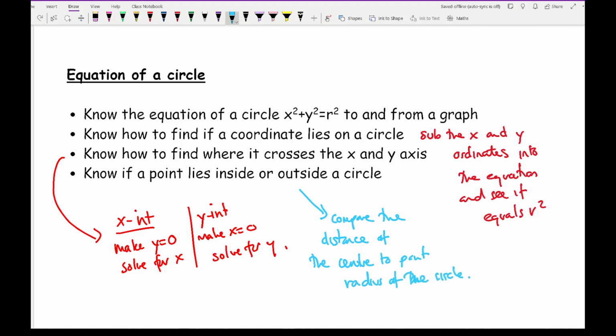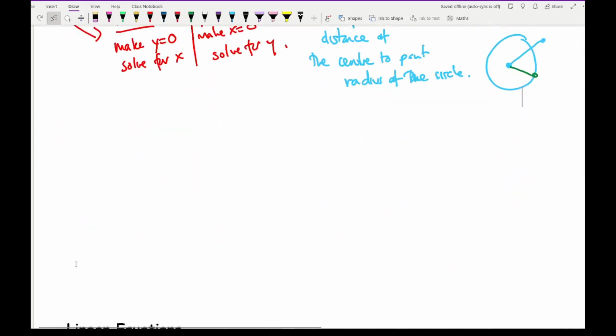If you imagine you've got a circle here and we've got a point there, well, if I measured that distance from the center and compared it to the radius, if the point lies outside the circle, it's going to be larger than the radius. And if a point lies inside a circle, then it's going to be shorter than the radius. The reason why that works is because for both tests, you're actually using the center coordinate. So that's why that particular thing works.